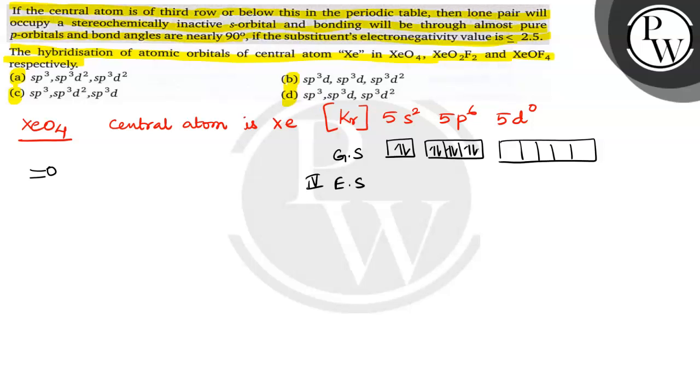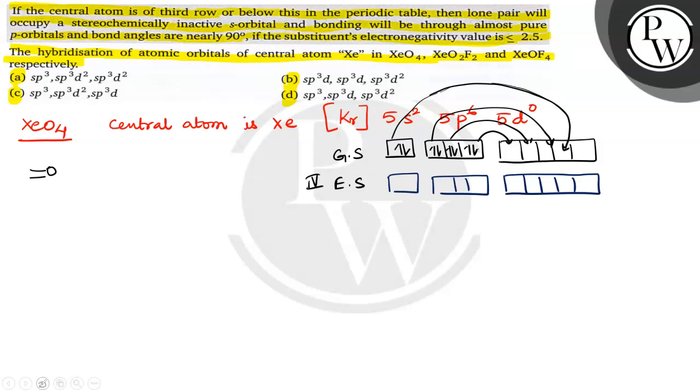Fourth excited state means, see, this electron is jumping from here to here, this electron jumping from here, this electron is jumping to here, and this is jumping to here. So now the electronic arrangement: 1, 2, 3, 4, 5, 6, 7, 8. Now 8 unpaired electrons are available.